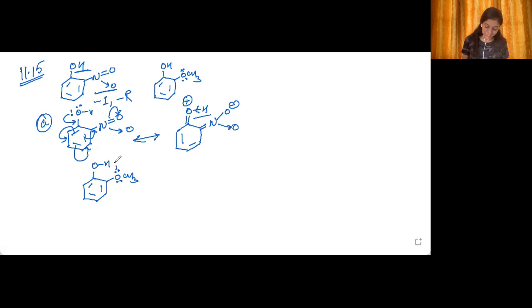It will release its electrons. It is having plus R effect. Due to the plus R effect, it will release its electrons towards the benzene ring. When it will release the electrons towards the benzene ring, what will happen then? Here, it will move here, this will move here, and this will move here.